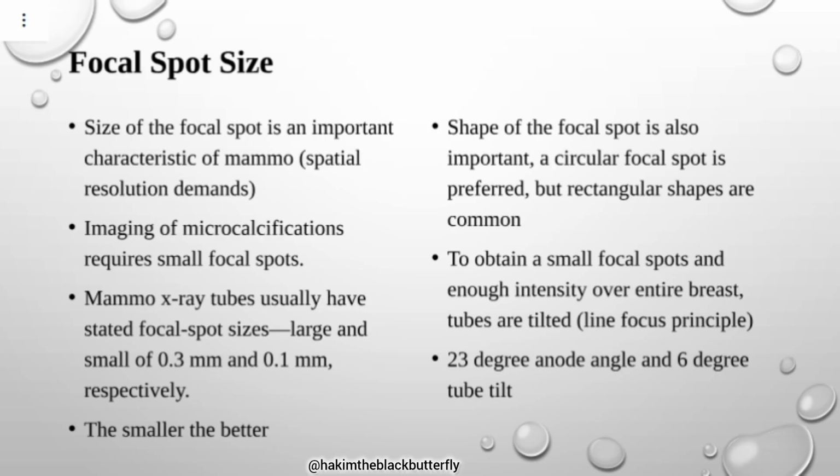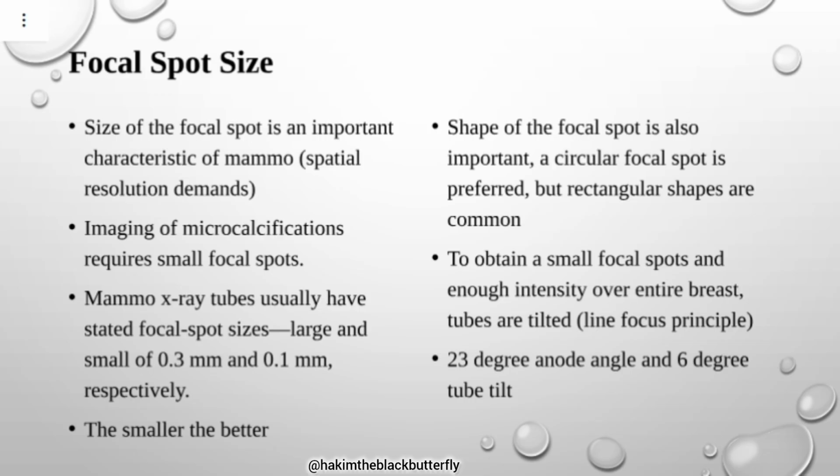These focus spots are made very small to improve spatial resolution in mammography because that's where we need it most. Imaging of microcalcifications requires small focus spots. Mammo X-ray tubes usually have stated focus spot sizes, large and small, of 0.3 millimeters and 0.1 millimeters, respectively.